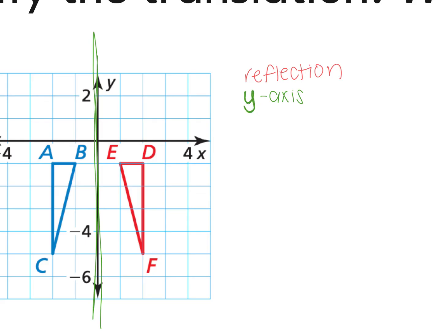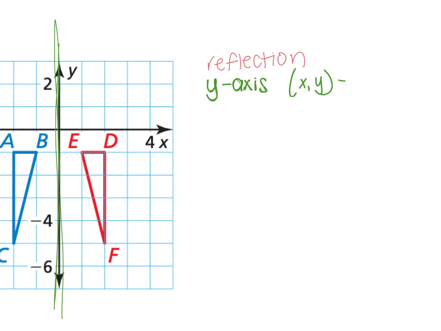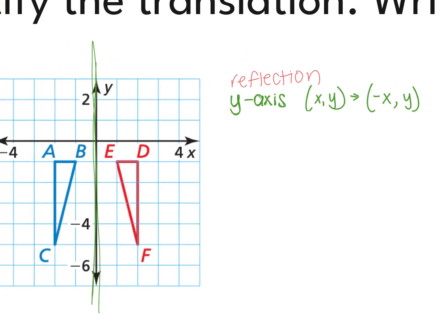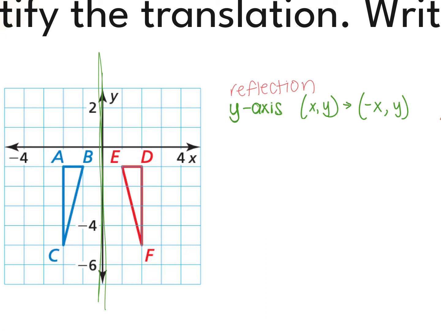All right, and knowing that, what would my rule be? If you forgot what the rule is, you have x, y. You have your original image. And then your rule is going to be, you're making the x negative. So looking at this one, I'm going to go ahead and write my first image. A is going to be -2, -1. B is -1, -1.